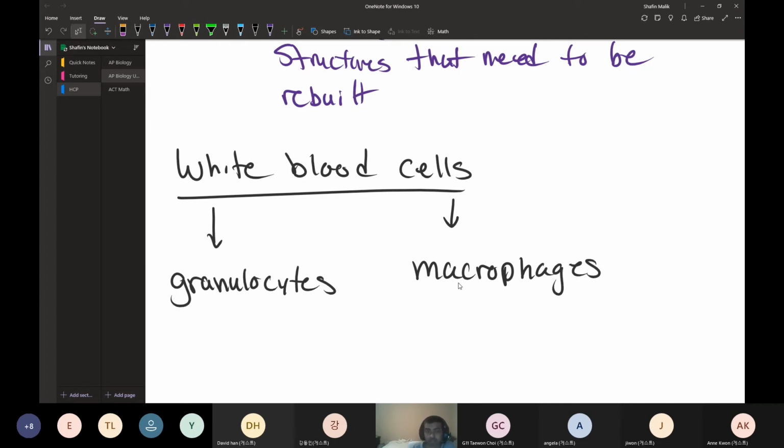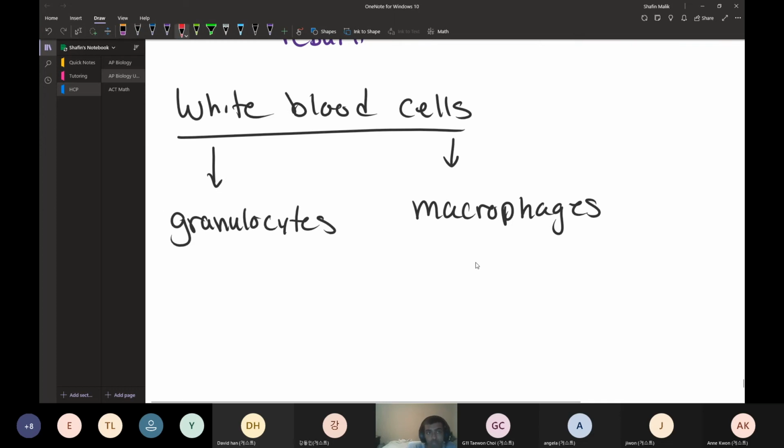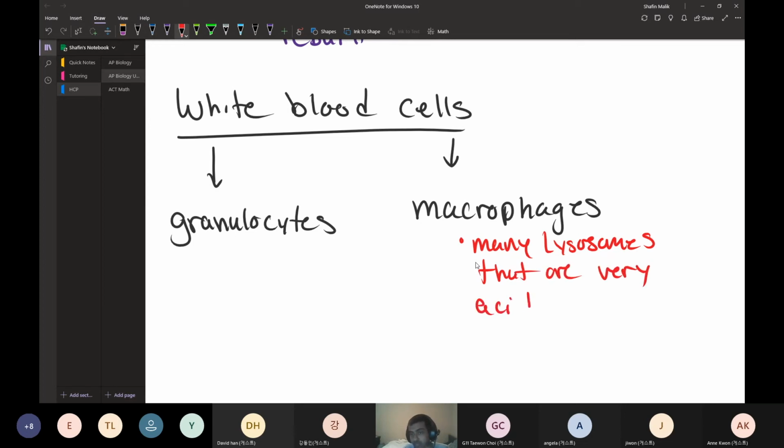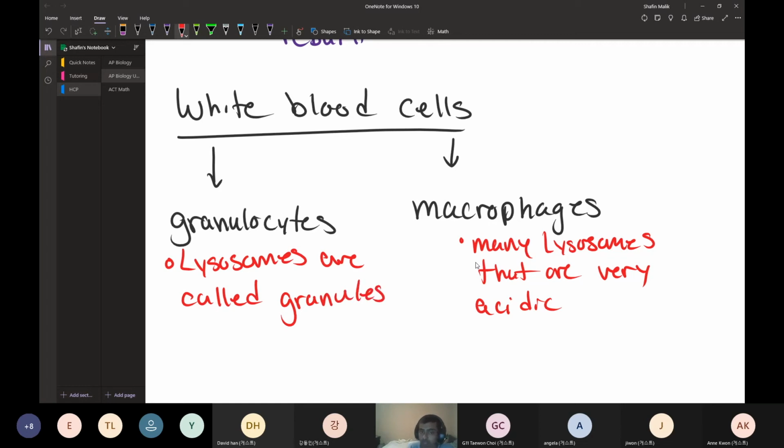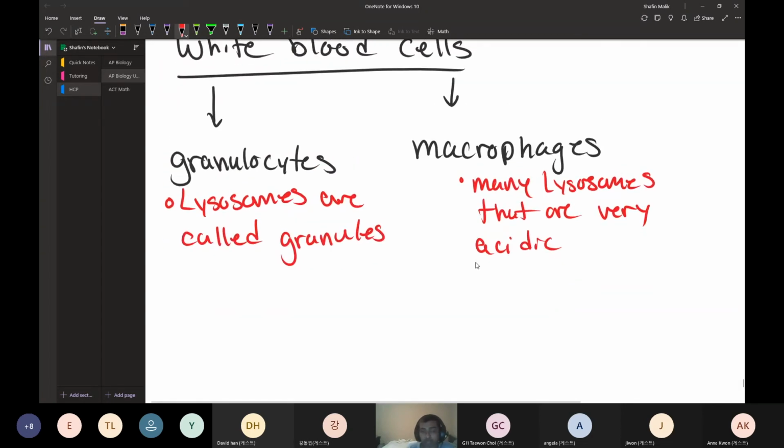Okay? So macrophages have many lysosomes that are very acidic. But in granulocytes, at least some of the lysosomes are called granules.